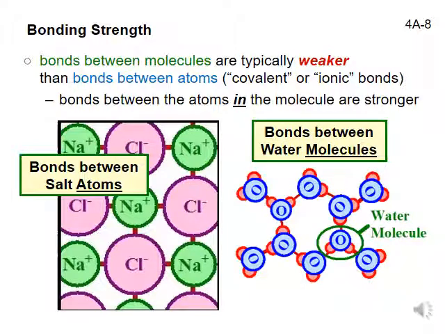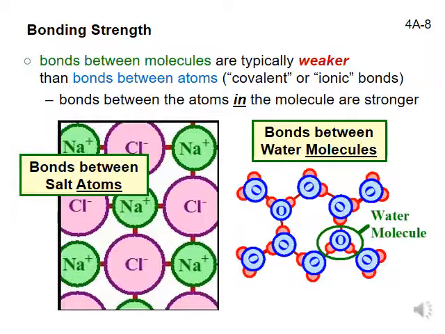Slide 8. Bonds between molecules versus bonds between atoms. Bonds between atoms are typically stronger than the bonds between molecules. For example, salt is a solid at room temperature. The sodium and chlorine atoms in a salt crystal are directly bonded to one another by strong bonds. On the other hand, water is a liquid at room temperature. It flows, it moves.